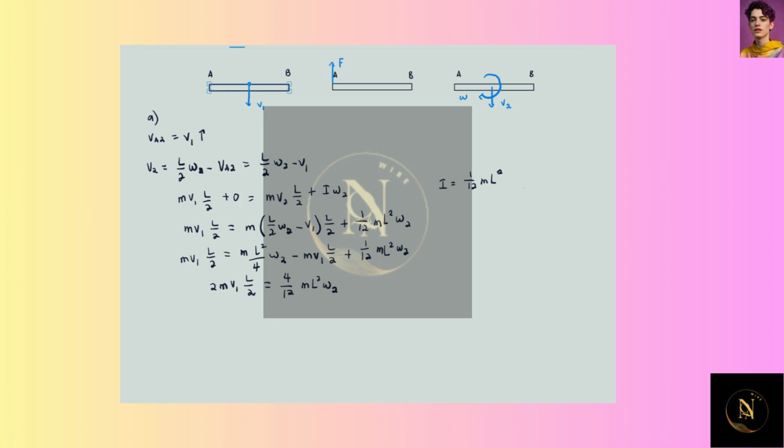So omega 2 is equal to 2M V1 L/2 times the reciprocal of the right hand side, 12 over 4 mL squared. So this would be equal to 3 V1 over L, in the clockwise direction.